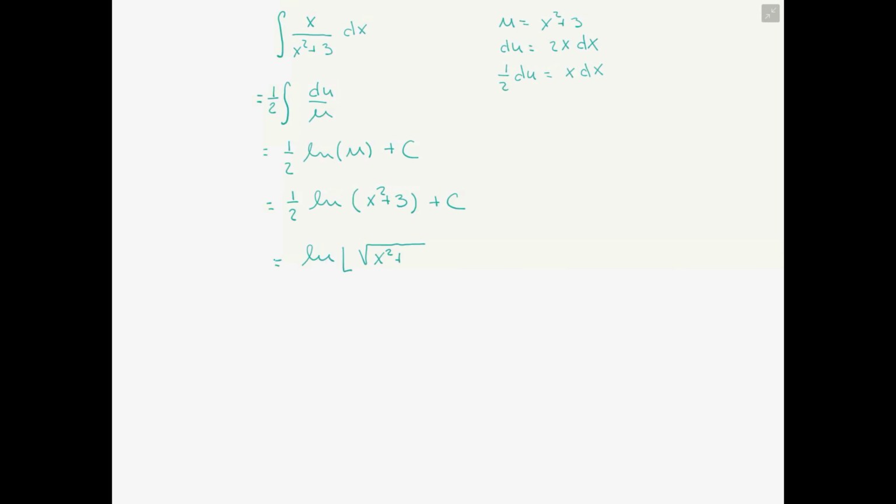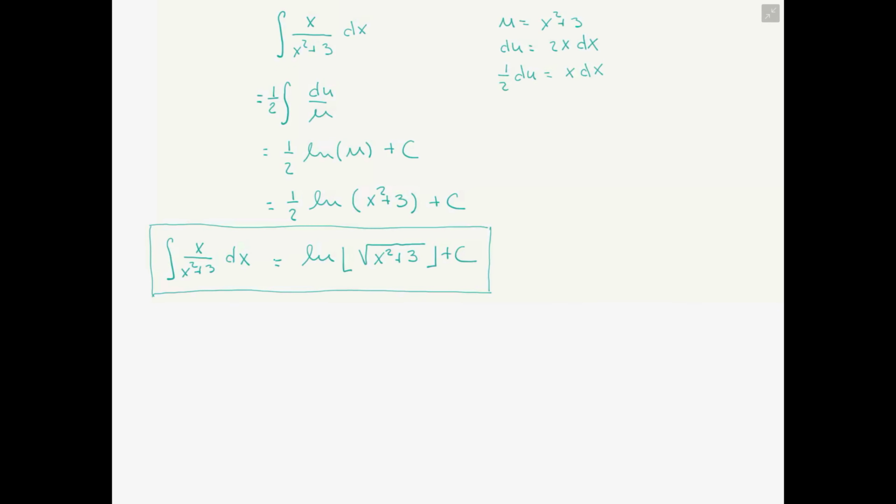And now we plug back in the original x squared plus 3 plus c. And we could take it one more step and go natural log the square root of x squared plus 3 plus c.